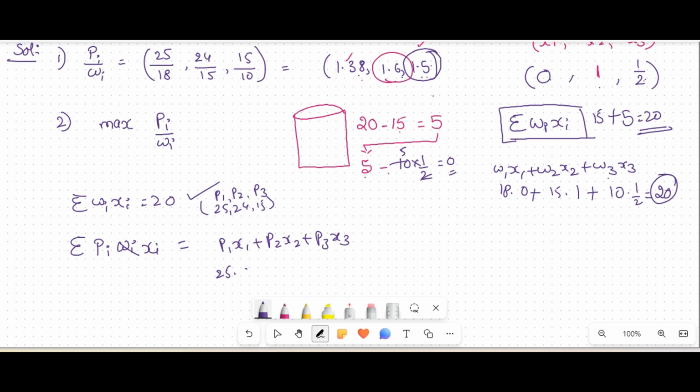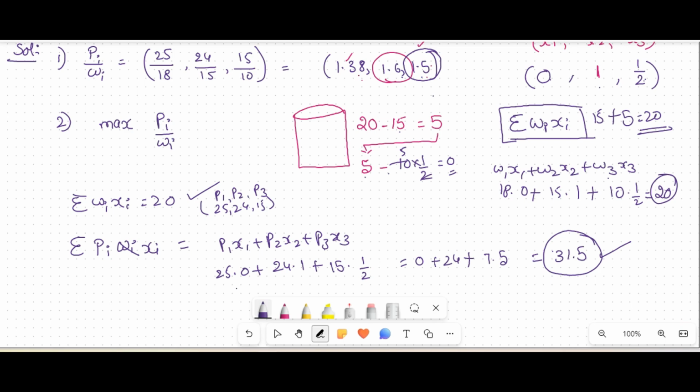P1 is 25, x1 is 0, plus P2 is 24, x2 is 1, plus P3 is profit 15, x3 is 1 by 2. Now this is 0, plus 24 plus 7.5, which is 31.5, the maximum profit by adding 3 objects into the knapsack. So the maximum profit we will get here is 31.5.